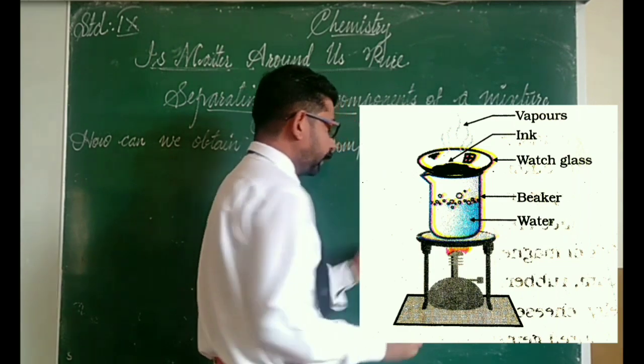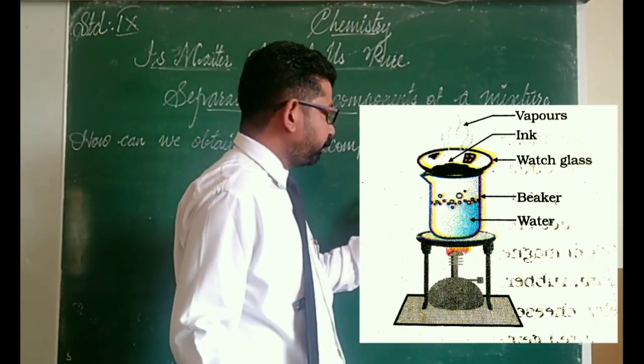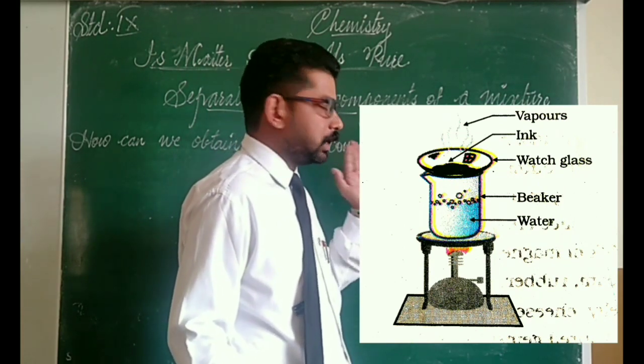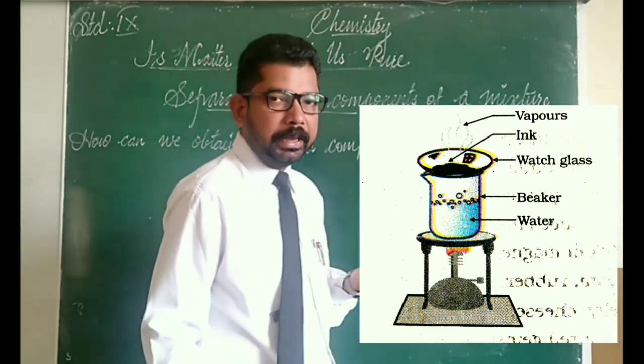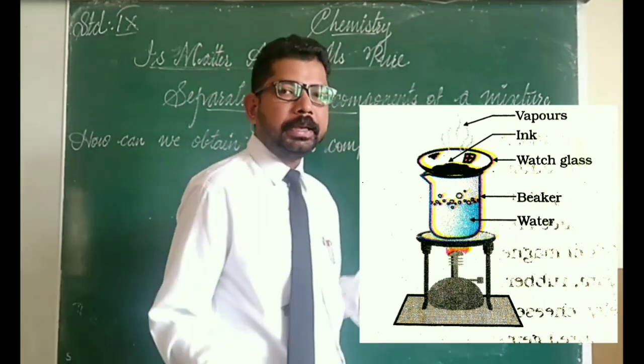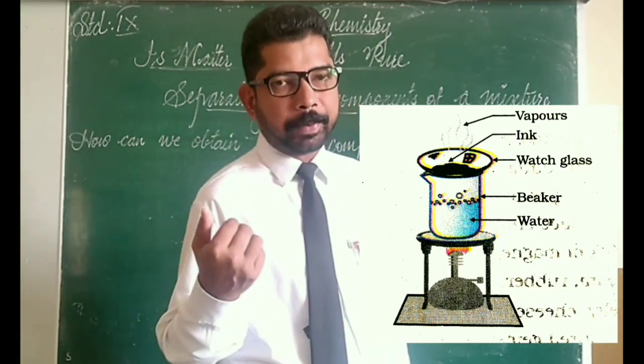When we heat the beaker, water gets heated and changes to steam, and with the help of this steam, the ink that is kept in the watch glass gets heated and the volatile components from the ink get vaporized. Volatile component means the component which can be vaporized easily.